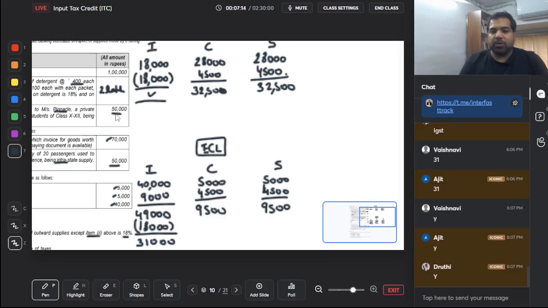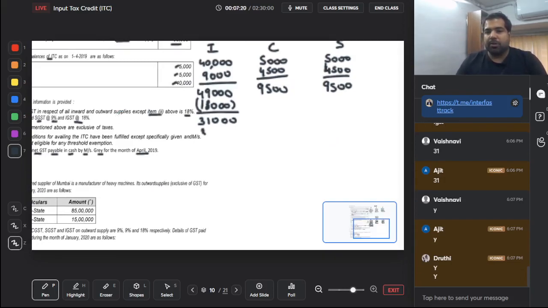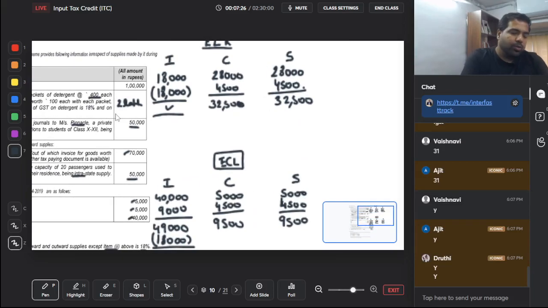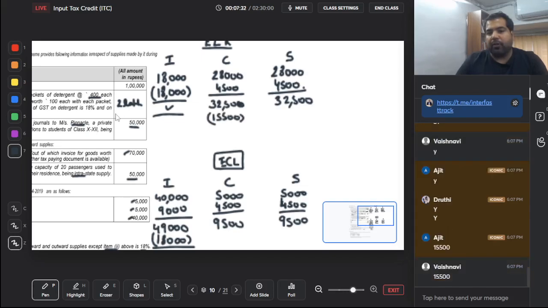So can I use 31,000 and bifurcate between the two equally? Yes. So I'm using 31,000, so this is exhausted. This 31,000 divided by 2 is 15,500 here and 15,500 here. So how much is the balance? 32,500 minus 15,500 will give you 17,000 and 17,000.